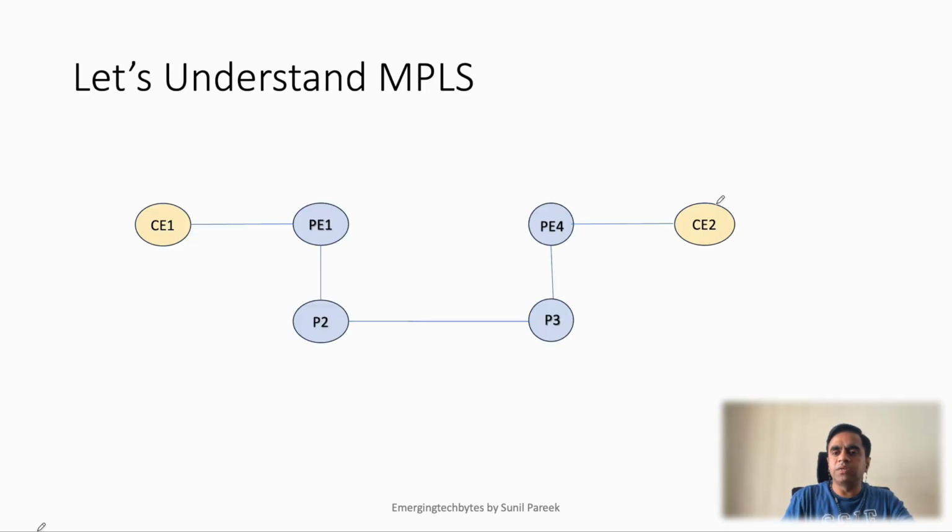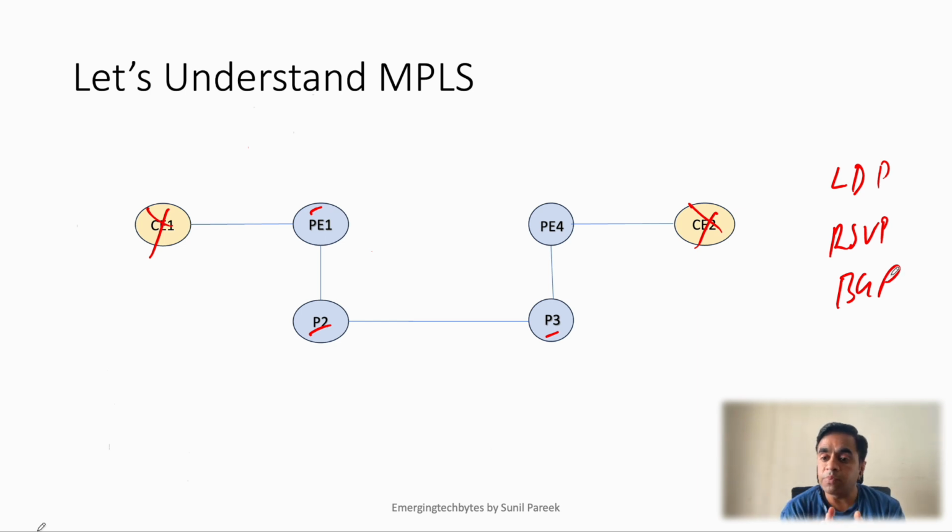So for this analogy, let's just forget the CE2 or CE1. Let's just say that I have these 4 nodes and I want MPLS based forwarding. First of all, there are 3 protocols: LDP, RSVP, and BGP. Because MPLS forwards packets based on labels, these are the 3 protocols which supply labels in a dynamic way.